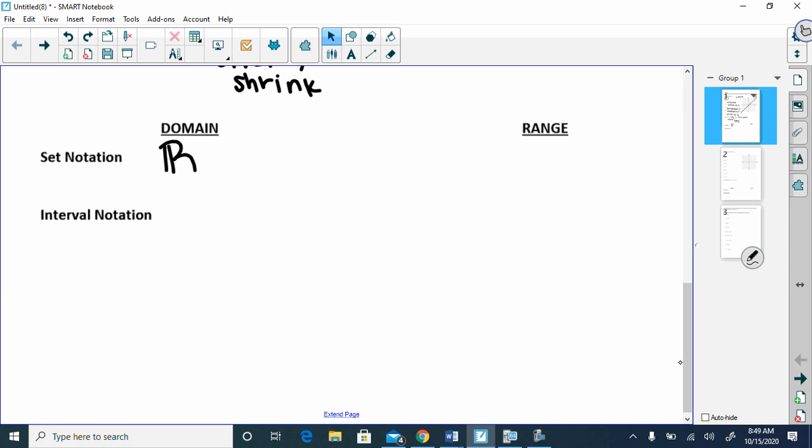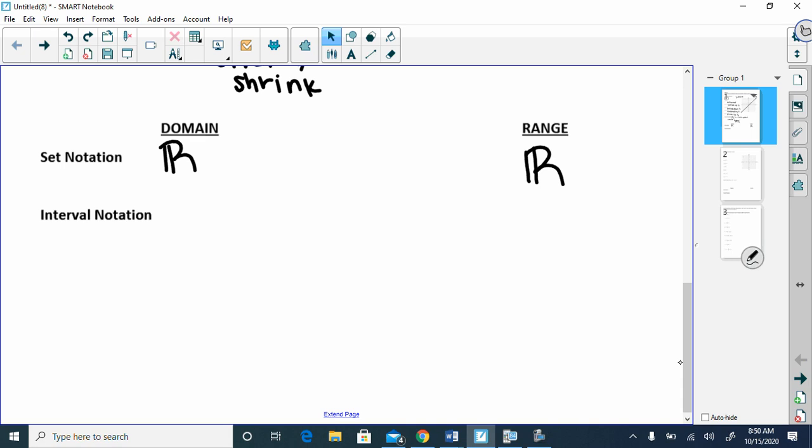Okay? My range, so that's a y value. Is it ever going to stop going up? Is it ever going to stop going down? So it's also all real numbers. Okay, we also had a second way of writing that, interval notation. That's where we gave actual values.